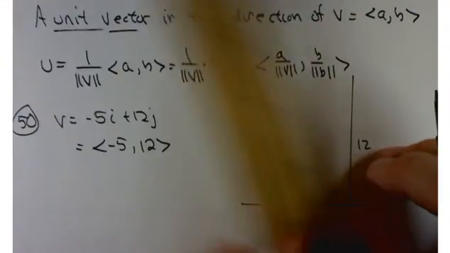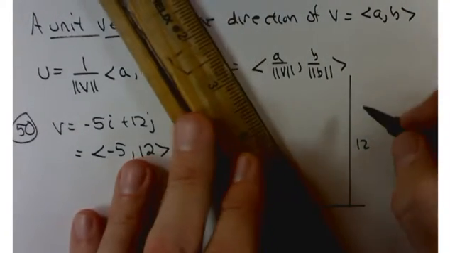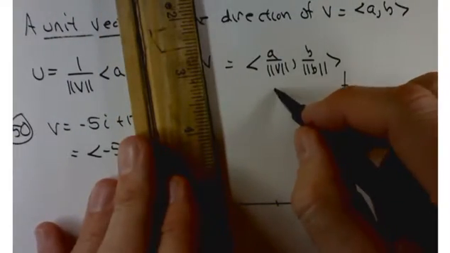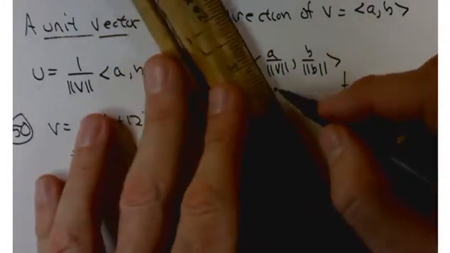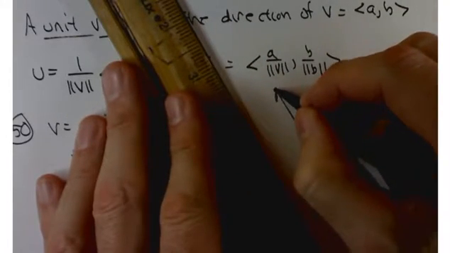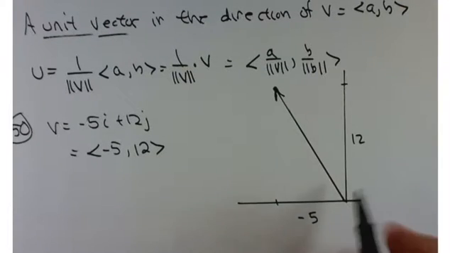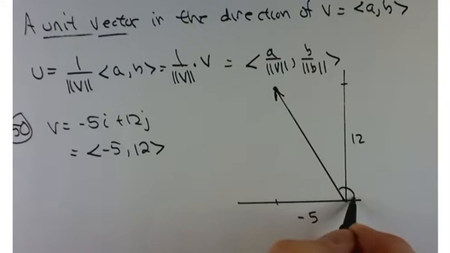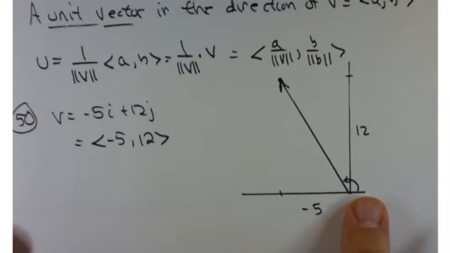So this vector points out somewhere in this direction. It starts at the origin. So you've got a magnitude, which is the length of this, and a direction, which is some angle with the positive x-axis. What we want to do is we want a vector that points in the same direction.